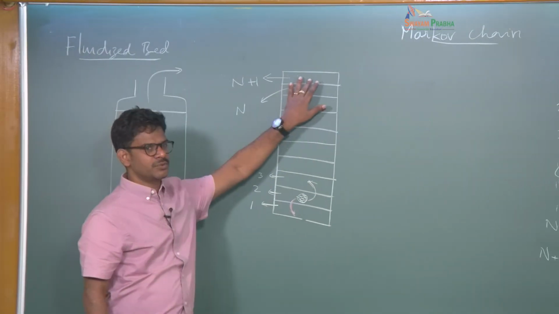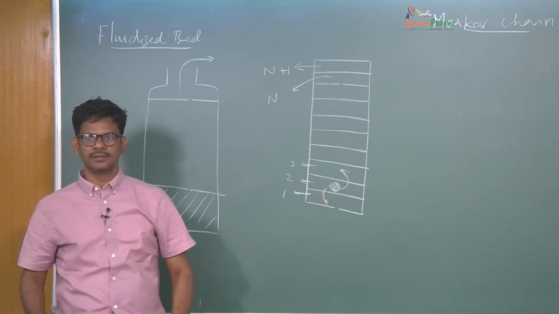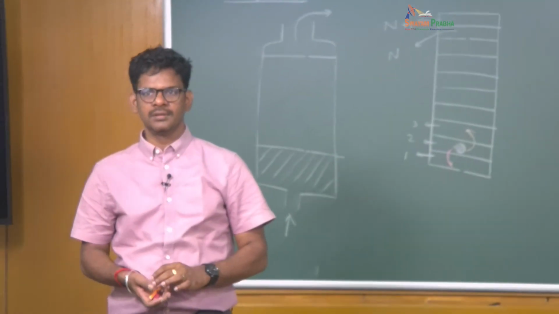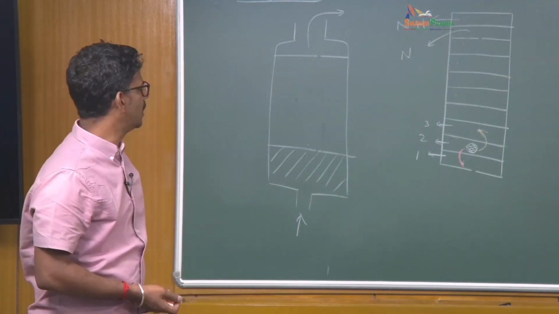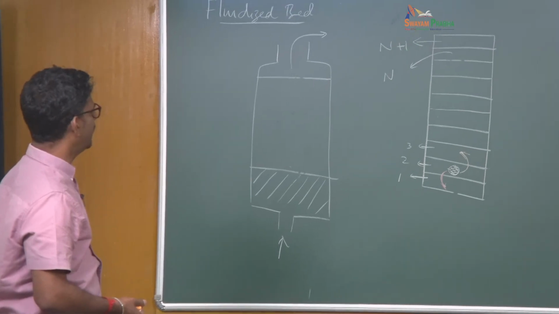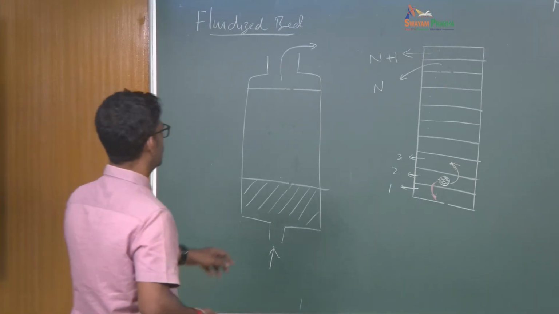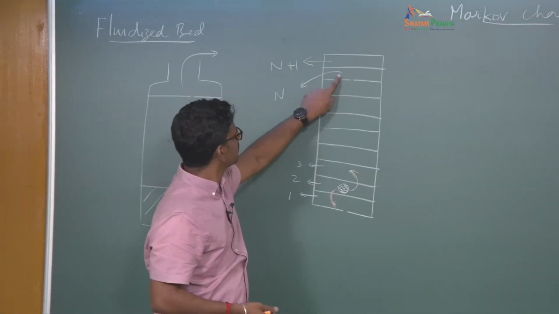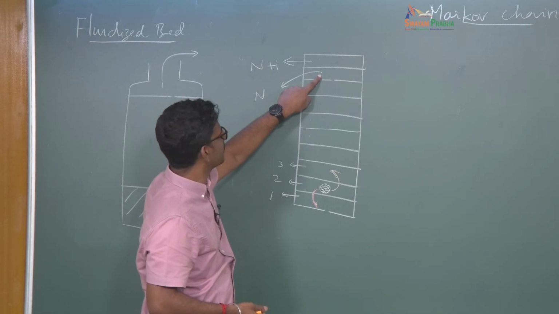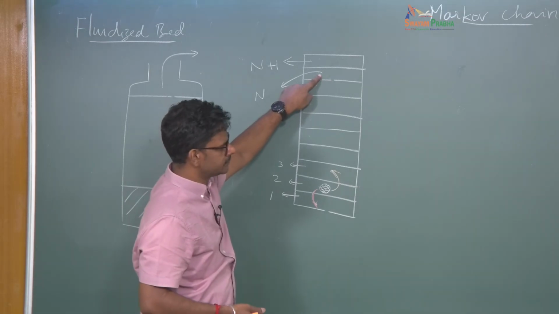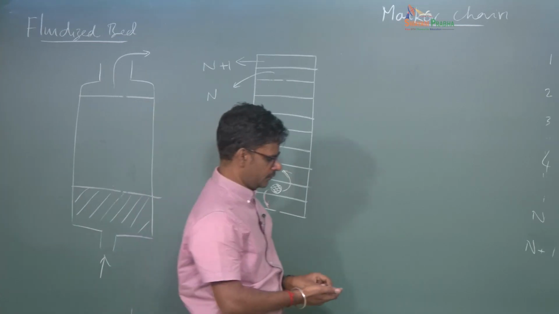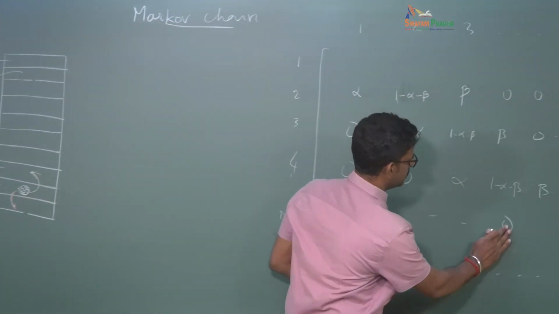When it reaches n plus 1, it can come down to n minus 1, that is true. So we will put that as alpha here.